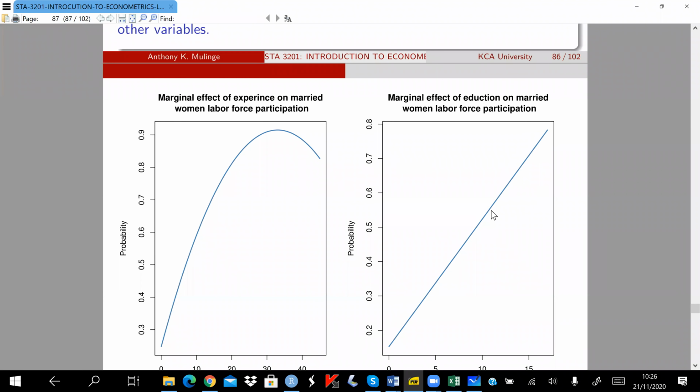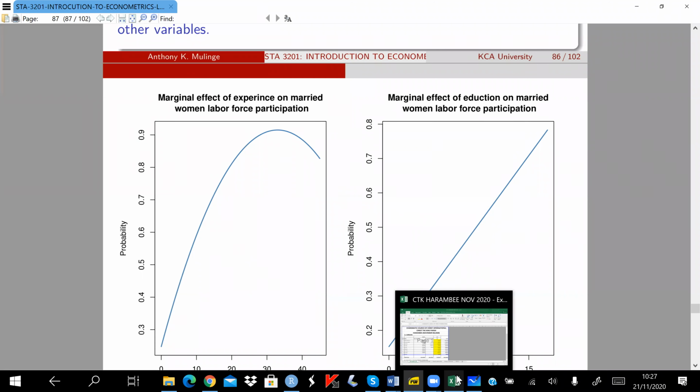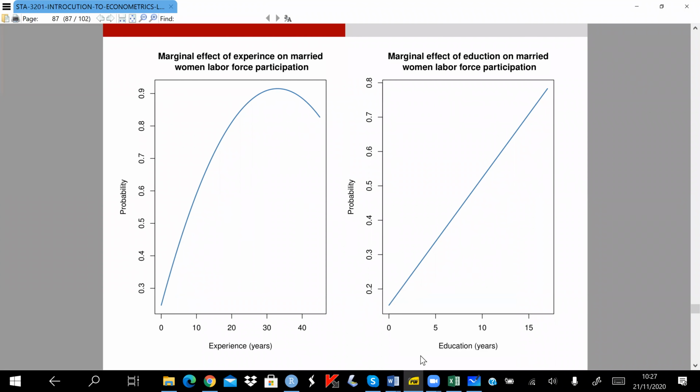So what we're saying as potential problems of the linear probability model is that maybe this curve can go down all the way to some negative value here. Maybe you take so many years of experience. Practically, that may not be possible, but theoretically, if you predict for a value, let's say 100, the probability curve will be down here.